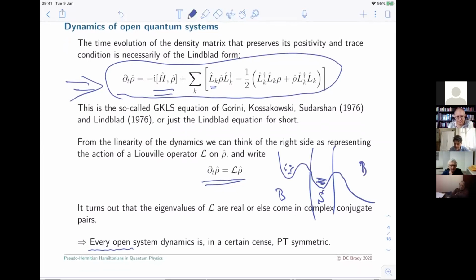Okay, so the tunneling of the particle, you can control the rate of the tunneling, and you can also control the rate of tunneling of the particle going out, and in that way you can't have a precise PT symmetry as I said earlier, but you can have, in a meaningful way, on average, a PT symmetric quantum system, and they do explore the Lindblad type dynamics for a system of that type.